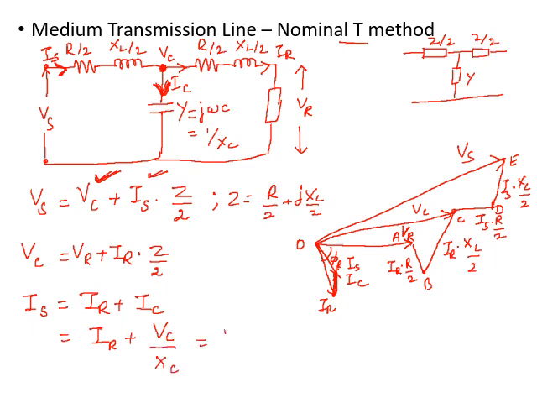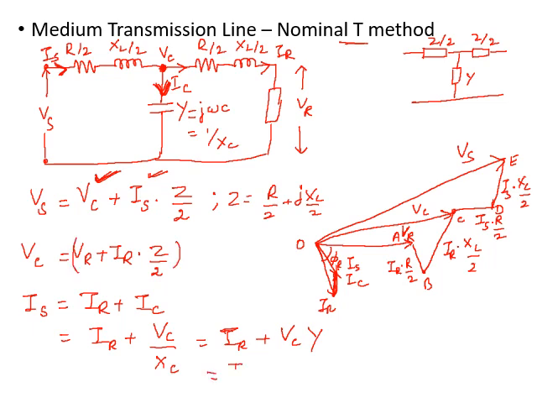So this is equal to IR plus Vc, 1 by Xc is Y. So Vc into Y. We know what Vc is, we have already found it here.